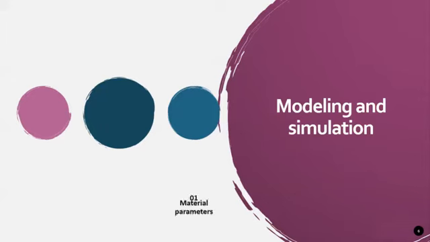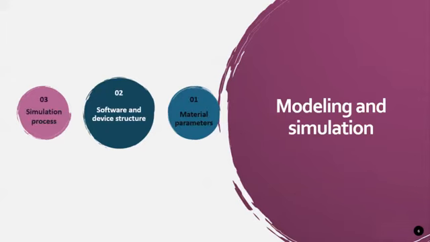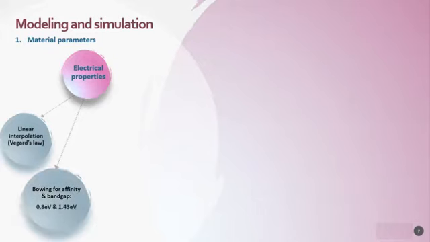In this part, we are going to talk about material parameters, software and device structure, and simulation process. As we mentioned before, indium gallium nitride is a material made of a mix of gallium nitride and indium nitride, so the electrical properties of indium gallium nitride are deduced from a linear interpolation between the values of indium nitride and gallium nitride, except for the energy gap and electron affinity, where we must add bowing parameters.